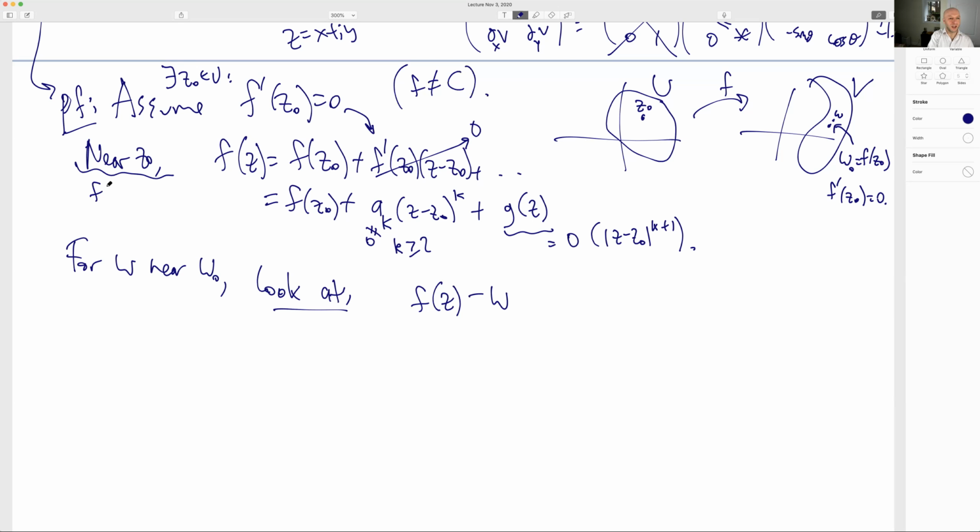Near z0, f prime of z equals 0 implies z equals z0. Okay? In other words, the derivative never vanishes except at z0. If we had a limit point of where the derivative vanishes, then the derivative would everywhere be 0 and the function would be constant.